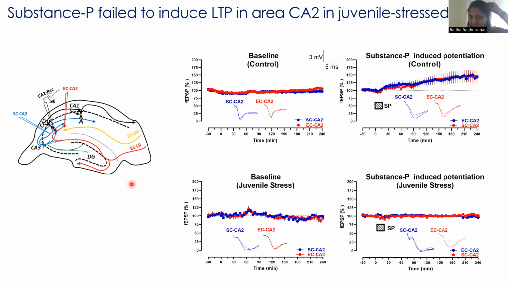So I suppose there's probably an occlusion of LTP happening because of endogenously produced substance P, possibly because of the juvenile stress. And it's also interesting because, despite the fast turnover of substance P that happens endogenously, this seems to last for a really long time, even quite until adulthood.